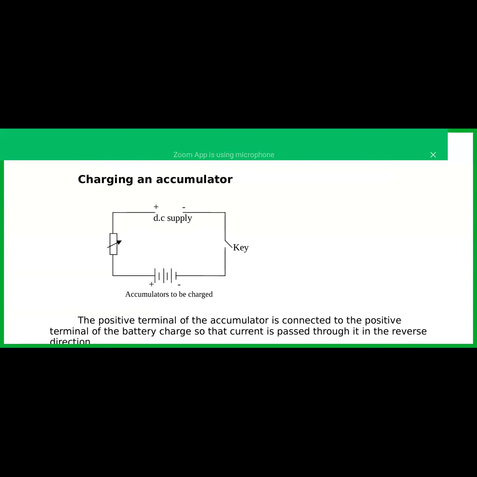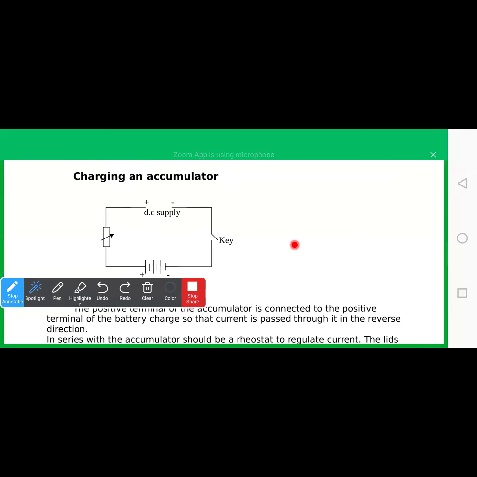It is very simple. We just connect the terminals to the DC source, one side to the positive, another side to the negative, and then the rheostat to adjust the current that is flowing.